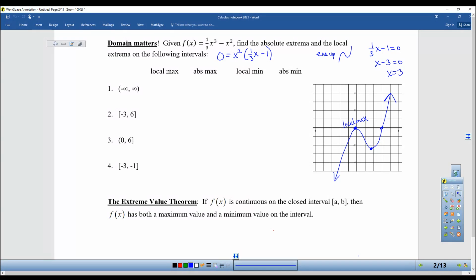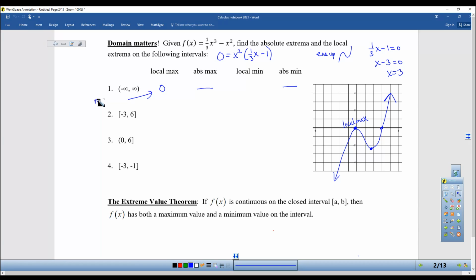So before we do that, let's talk about what happens when there's different domains. So we're going to look at it first on the domain from negative infinity to infinity. So right away, that means that there's going to be no absolute maximum because it goes up forever, and no absolute minimum. The local max is going to be 0.